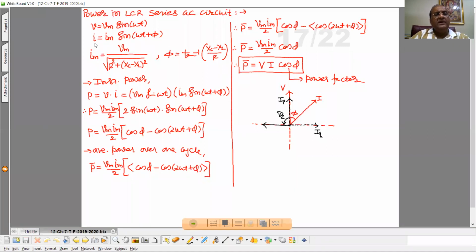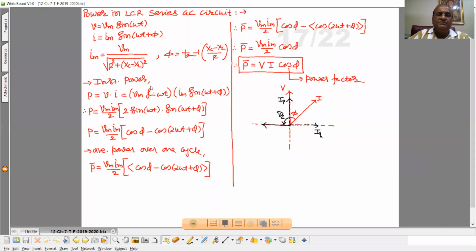Now in this equation of current, this Im is Vm upon under root R square plus (Xc minus XL) square, and this phase difference phi we can calculate by the equation tan inverse (Xc minus XL) by R.